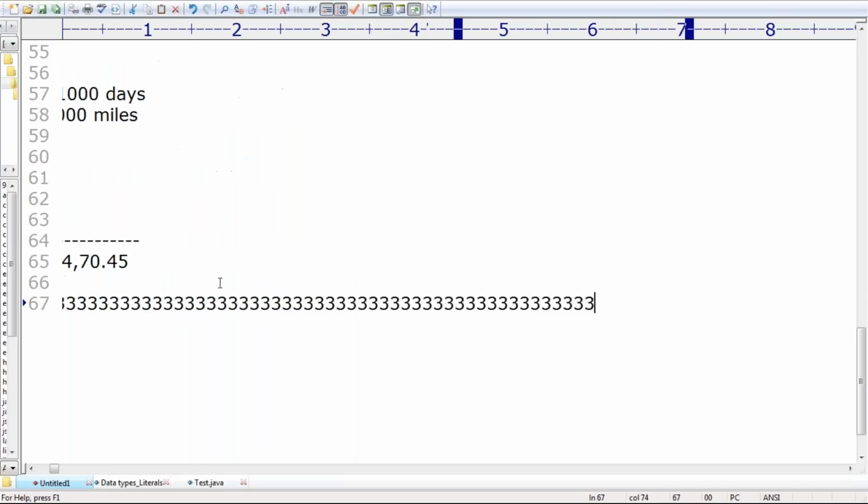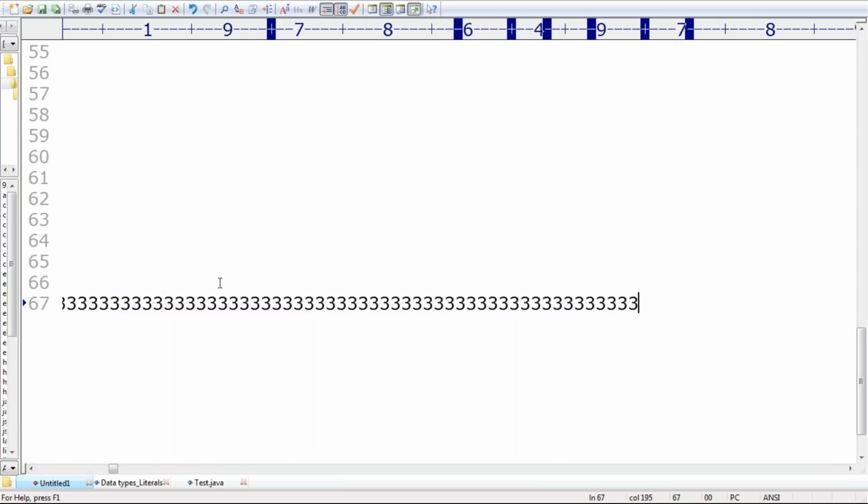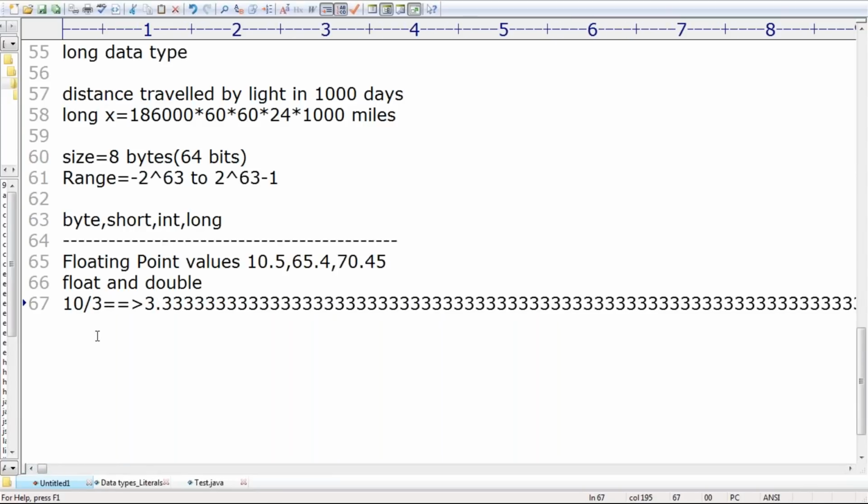Where do I have to stop? Any number you can take, because everything is the value. In normal mathematics, we use the notation 3.33 bar. Bar means keep on continuing.